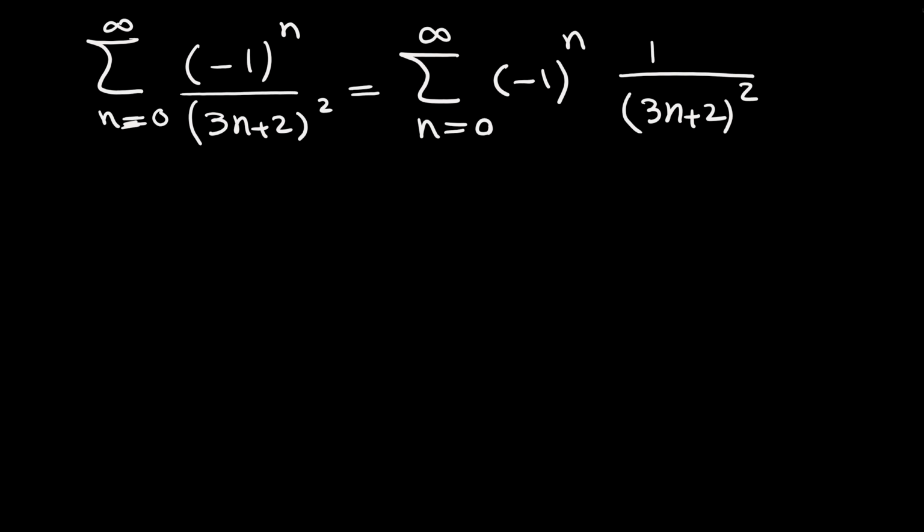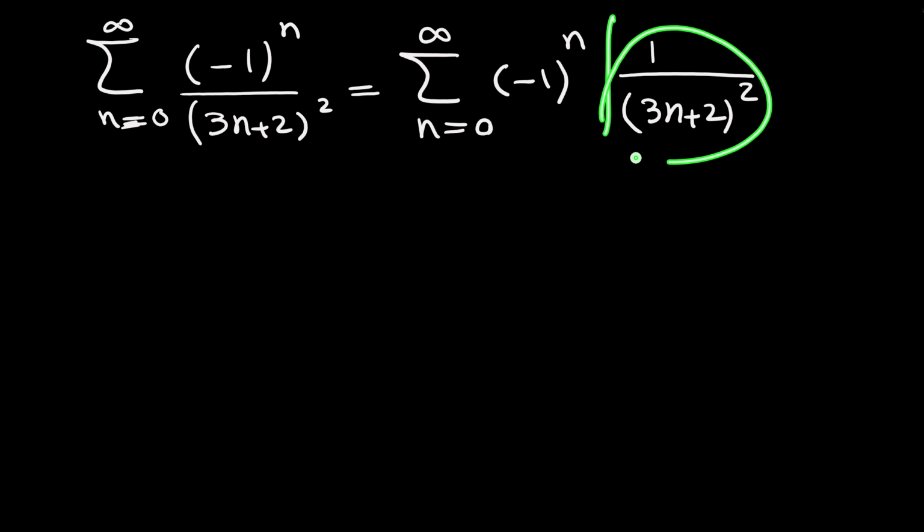The first condition for applying the alternating series test is to have (-1)^n, and because n starts from 0, the first term is (-1)^0, which is positive 1. Then the next term, n=1, is (-1)^1, which is -1. So the first term is positive, the other one is negative, then the third term is positive, the fourth term is negative.